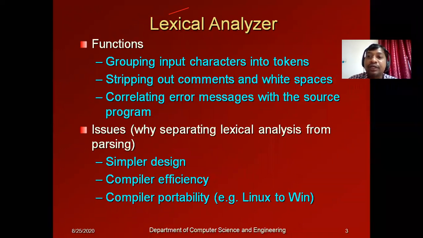As I told you earlier, since this is a producer-consumer problem, you can make them a single pass. But if we go for division, it leads to a simpler design, and the compiler efficiency is also improved if you go for separate passes rather than combining. Why?